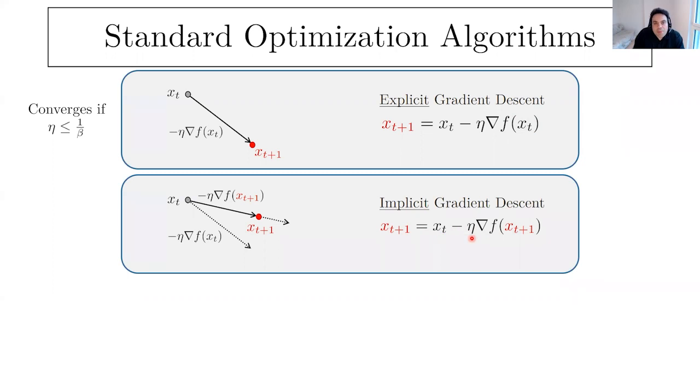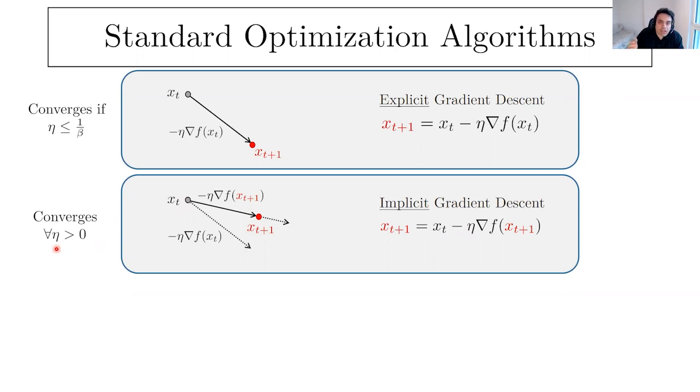But let's say you somehow manage to do that. What is interesting, what is the meaning, is that the gradient at the point that you are is not important. What is important is the gradient at the point that you land in. So where you land, the gradient there is more important than where you are. And what is interesting about this algorithm is that there is no limitation on the convergence rate and neither on the step size.